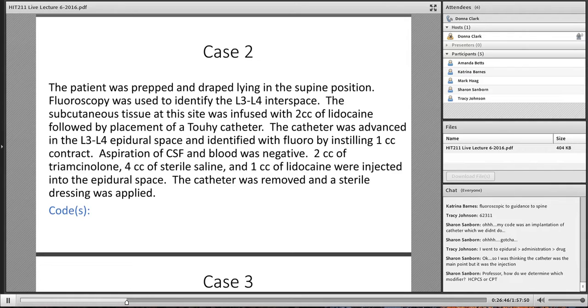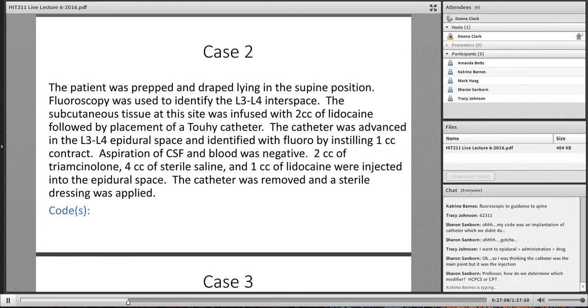Your HIT211 or CPT codes can be used interchangeably as needed. You can use both of them on CPT codes or HIT211 codes. Sometimes it may be based on who you are reporting to, what insurance companies you're reporting to.